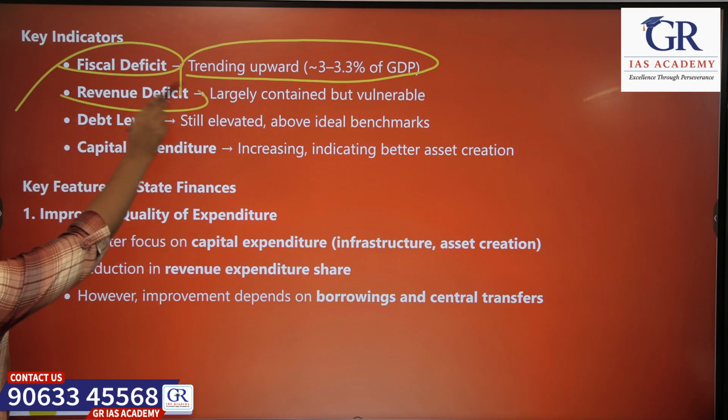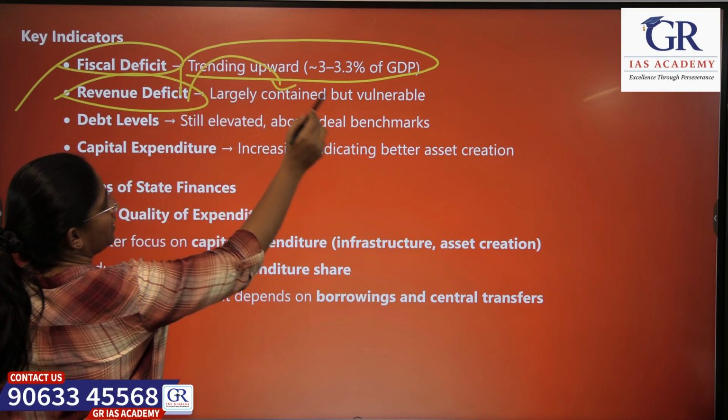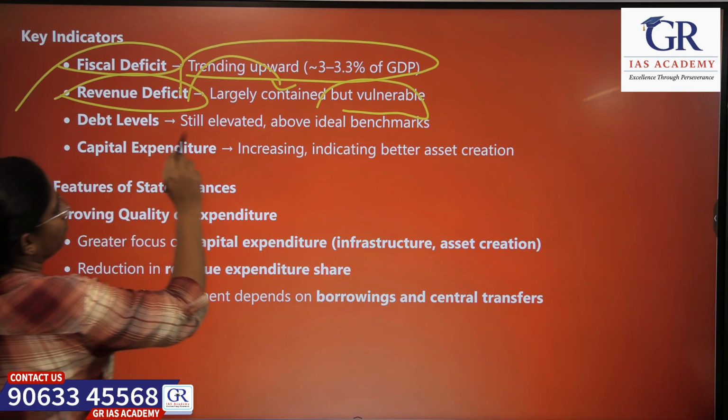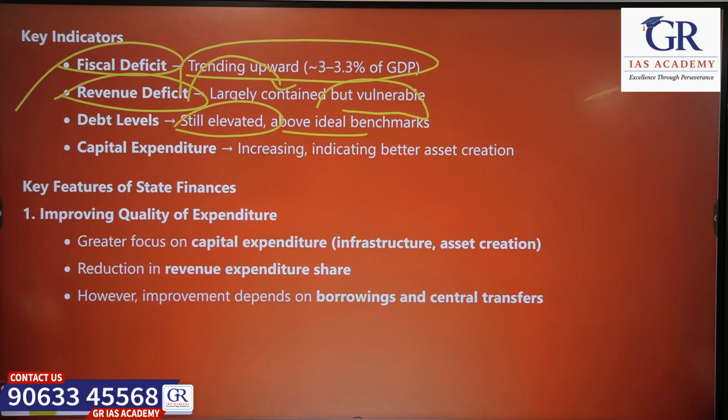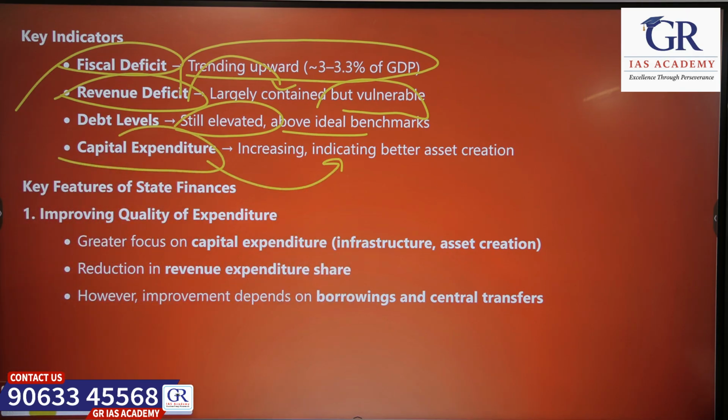Revenue deficit is mostly there but vulnerable. Debt levels are high but manageable, okay. What about the capital expenditure? It increased. That means we are creating better assets, okay.